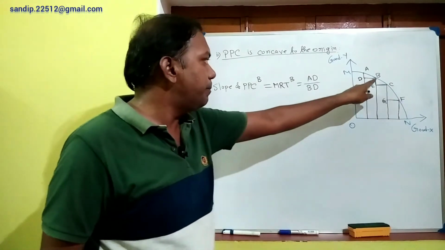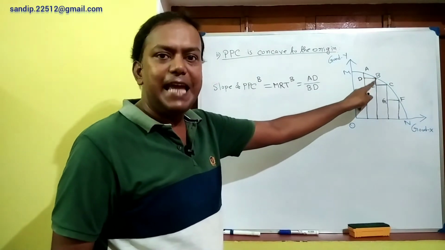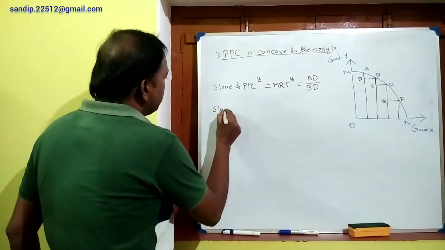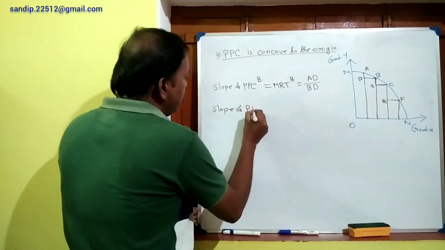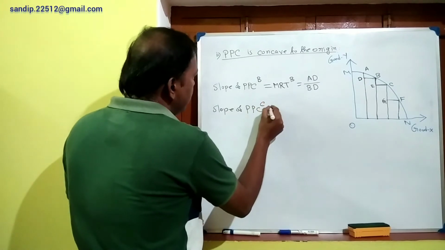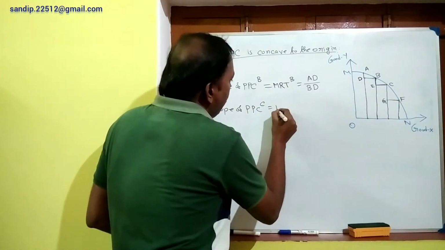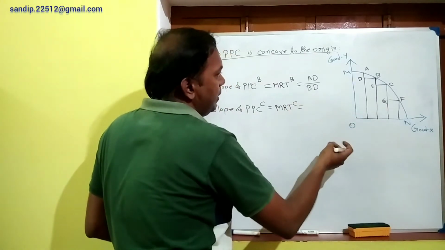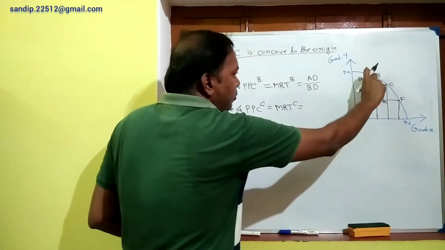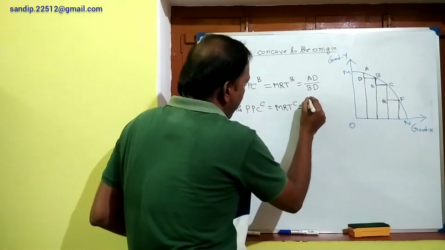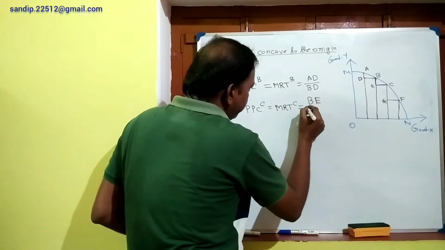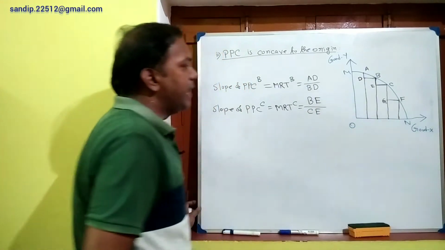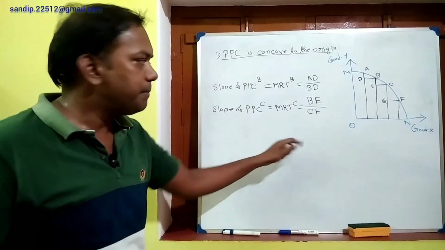So it is the slope of the PPC at point B. Similarly, the slope of PPC at point C is nothing but MRT at point C. So MRT will be what? The same thing: the amount of sacrifice of good Y, means BE, divided by the amount of extra production of good X, means CE.